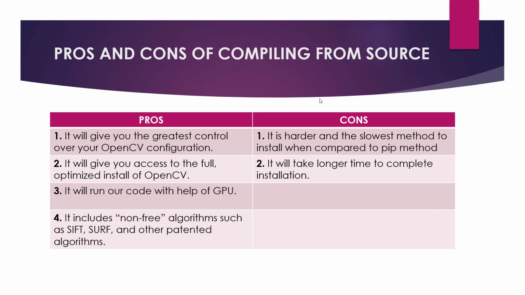By far it is the hardest and slowest method to install OpenCV when compared to the pip method. It will take a longer time to complete installation. By reading some community pages and discussion forums, I came to know that it will take about 4+ hours to complete installation. And it also depends on the computer's CPU capacity.